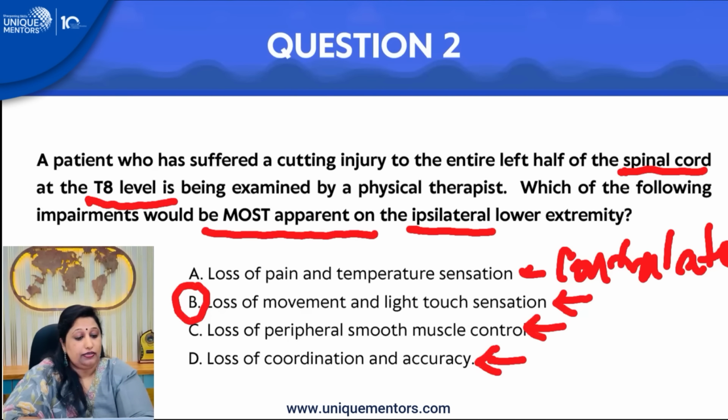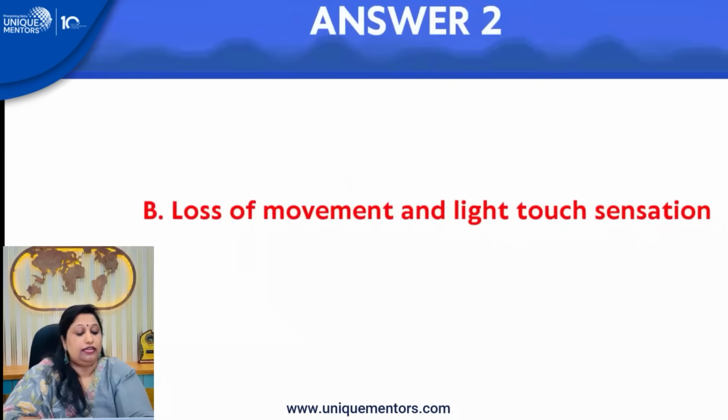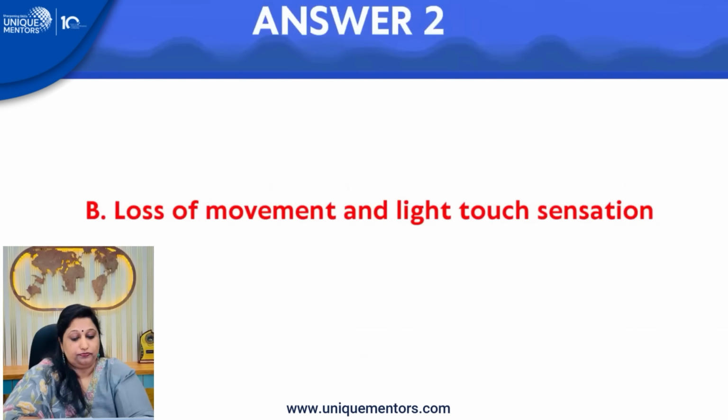So when you have a cut for the entire left half of the spinal cord at the T8 level, the patient will have loss of movement and light touch sensation, which is carried by fasciculus gracilis and cuneatus, and that loss will be in the ipsilateral lower extremity itself. So your answer is loss of movement and light touch sensation.